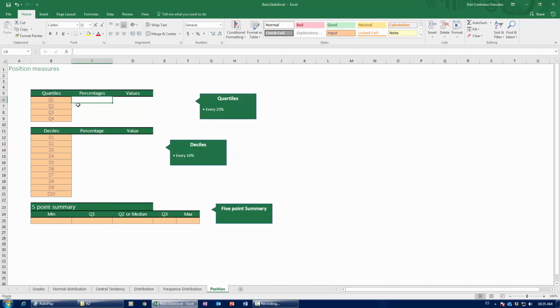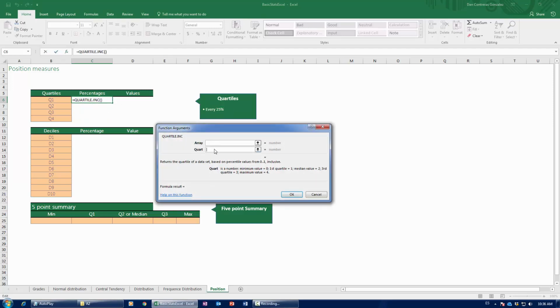So what we're going to do here is just use the quartile function. Now, what we need is two things, the percentages and the values. Let me check what quartile wants. It's going to be the array and the quartile.